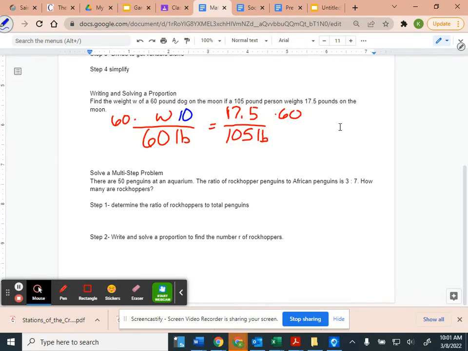Now we're going to come into a problem with penguins. So this is going to be a multi-step problem. There are 50 penguins at an aquarium. The ratio of rockhopper penguins to African penguins is 3 to 7. How many are rockhoppers? So there are 3 rockhopper penguins for every 7 African penguins.